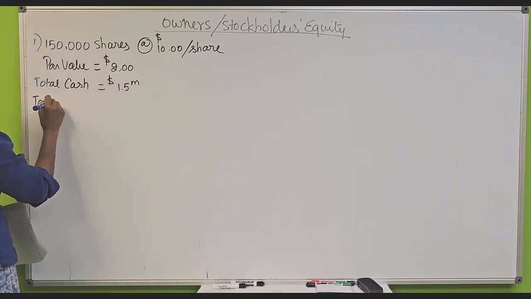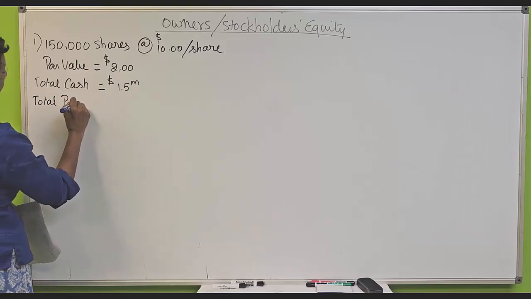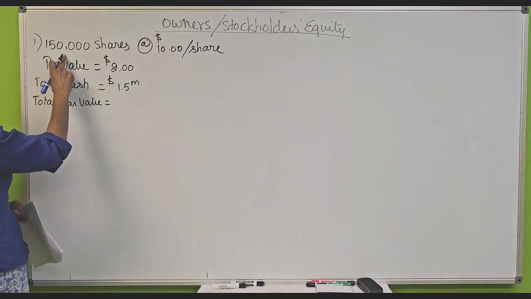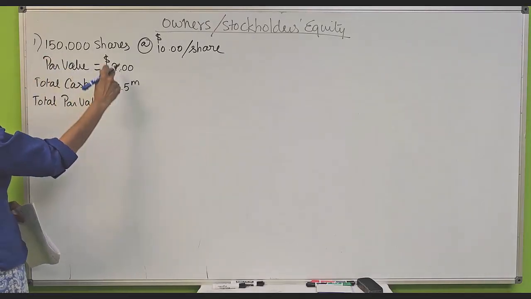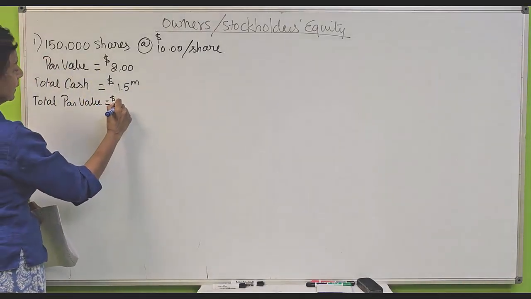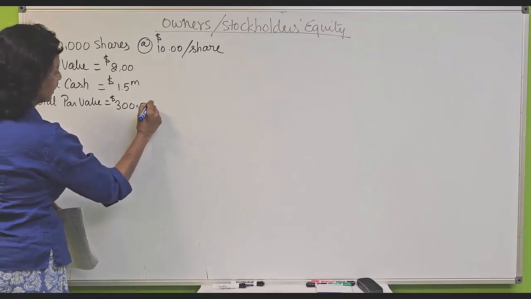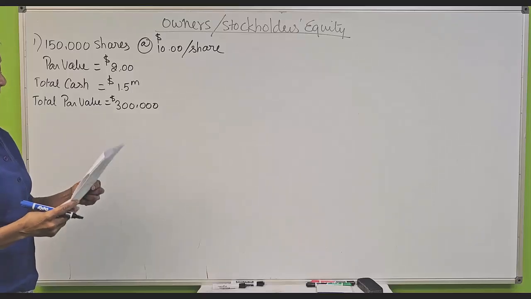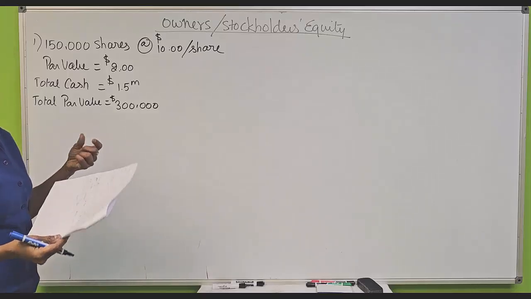Now the total par value for all these 150,000 shares is 150,000 times $2, $300,000. So the remaining amount is called capital paid in excess of par.